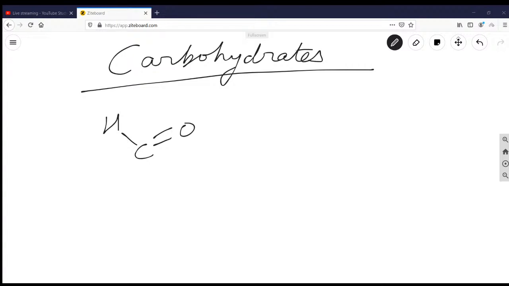It has a specific aldehyde group, then CHOH, then CH2OH. This is your D-glyceraldehyde.